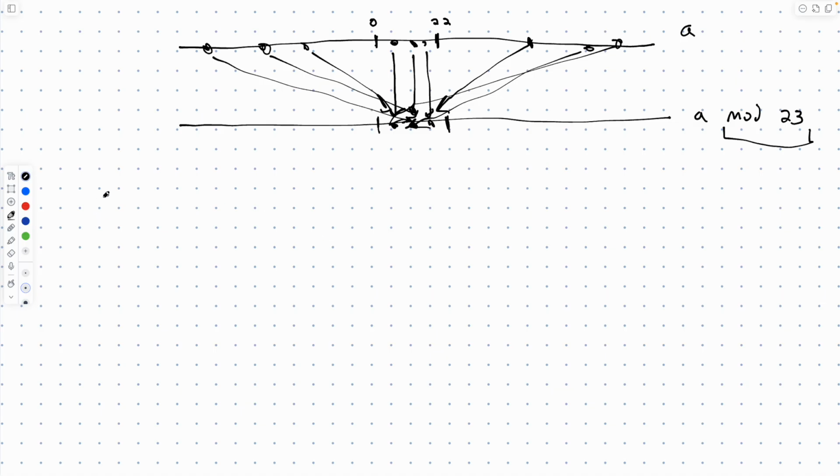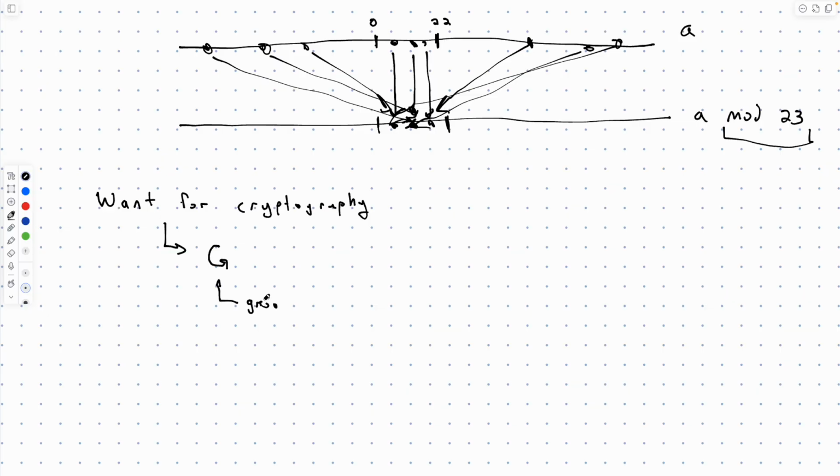Okay, here's what I want for cryptography. What I want is a group of integers. I'll call it G. Okay, so this is a group.